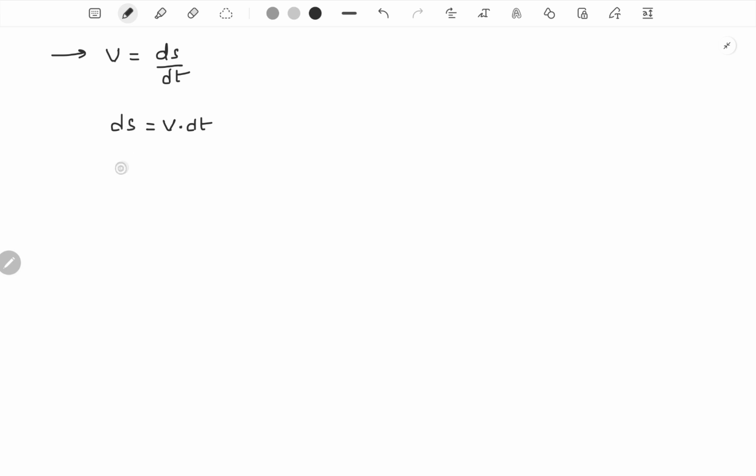Again, if we integrate it, let's say my interest is to find the displacement in the first interval of time t, then I would consider the limits to be 0 to t.